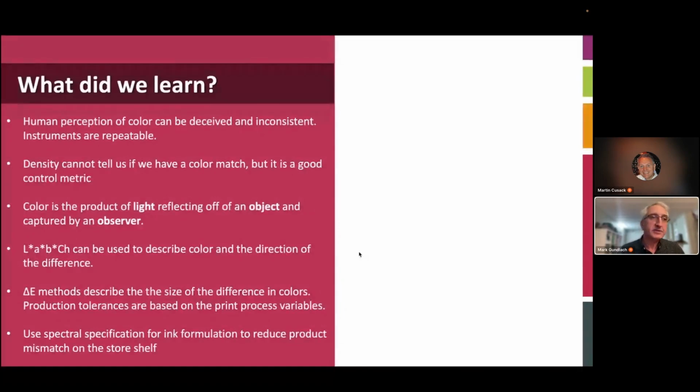A very common scenario is looking at a 25, 50, and 75 tint value of black and a 25, 50, 75 build of CMY, neutrally balanced builds, and looking at how neutral the weighted average of those patches is.